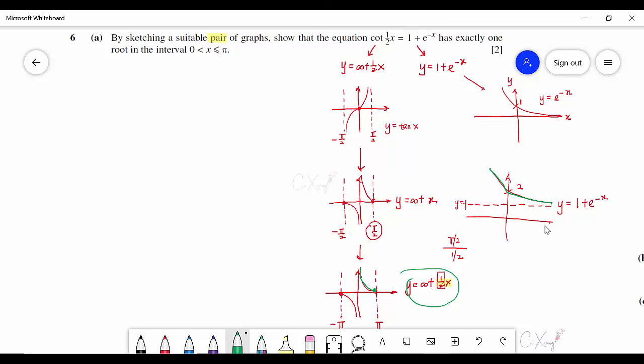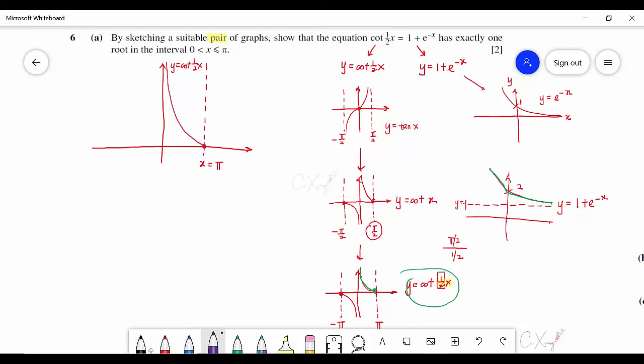So I want to combine these two graphs together in the same axis. Eventually my graph will look something like this. I assume that this is the line for pi. Therefore, my cotangent half x graph will look something like this, and I label it as y equals cotangent half x.